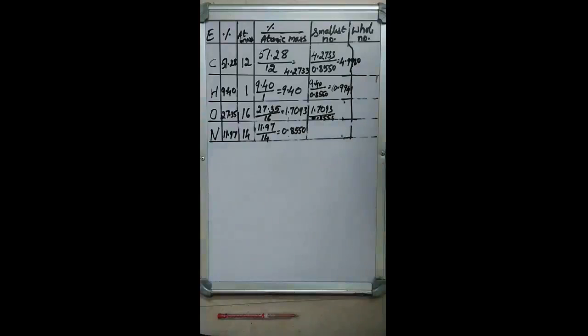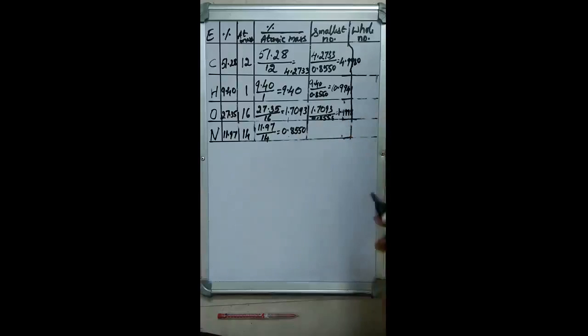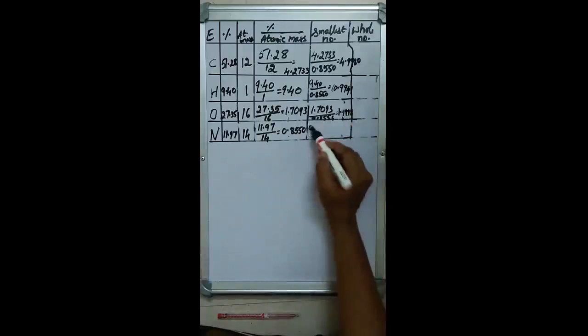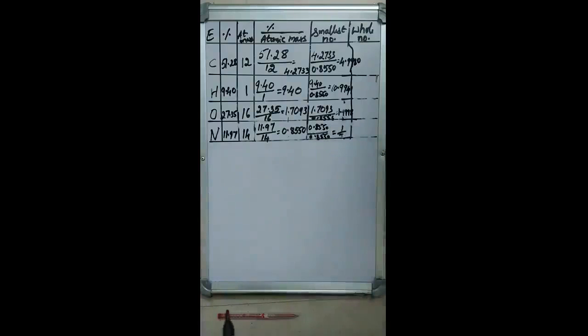The answer is 1.9998. Okay. And here 0.8550, see, this number is divided by the same number. So the answer is 1.